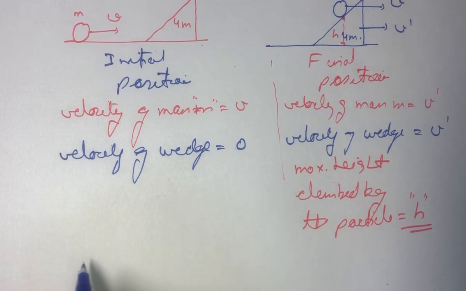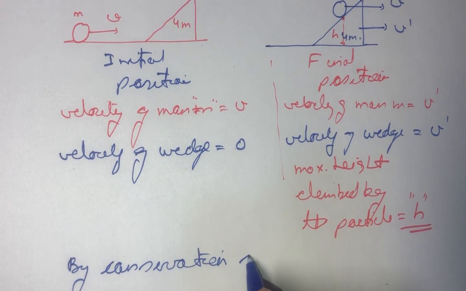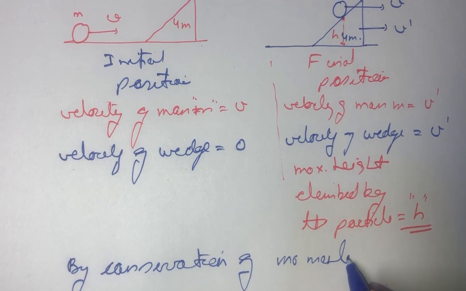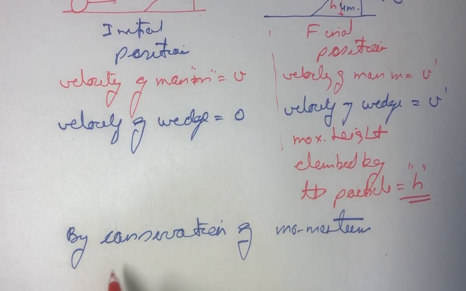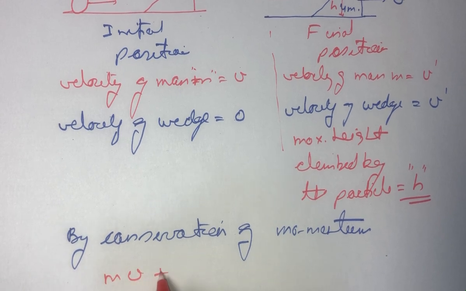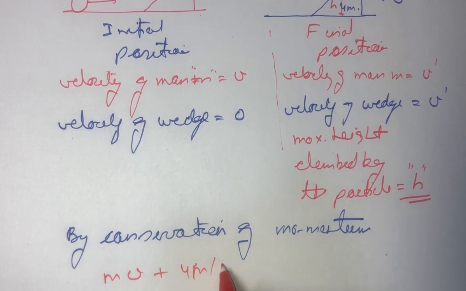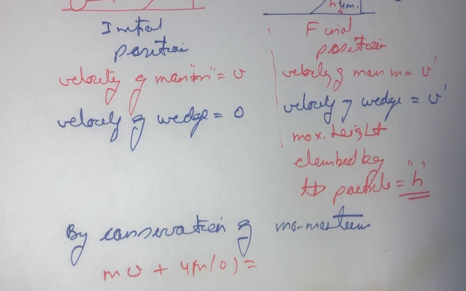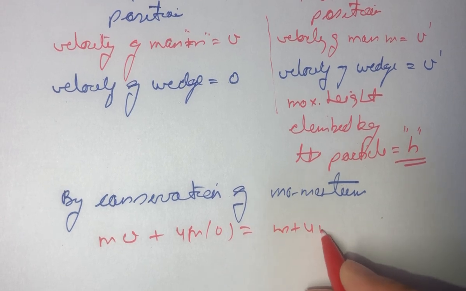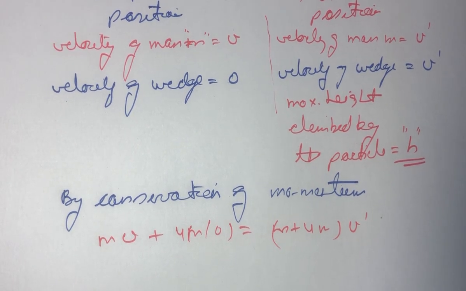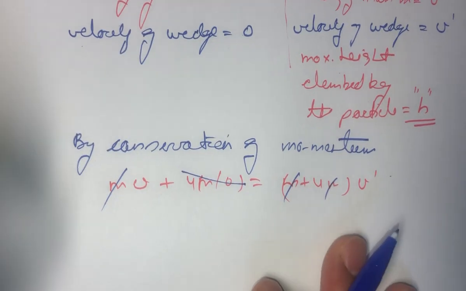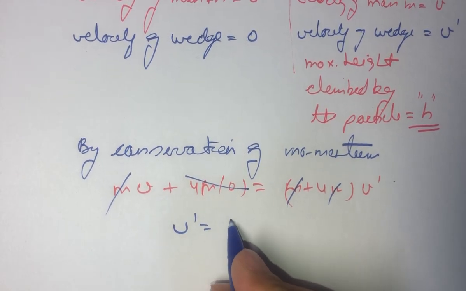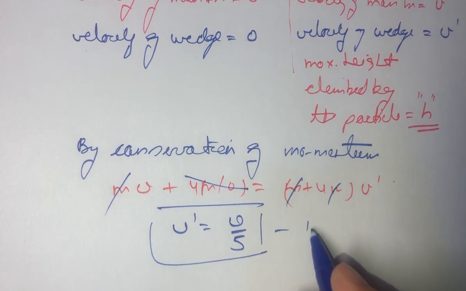By conservation of momentum, initial momentum will be mass particle m with velocity v, wedge is having a velocity of 0, is equal to, both are moving with the same velocity, so we can say this is m plus 4m multiplied by v prime, and m cancels out throughout, therefore we can say that v prime is equal to v by 5. Let us call this equation number 1.